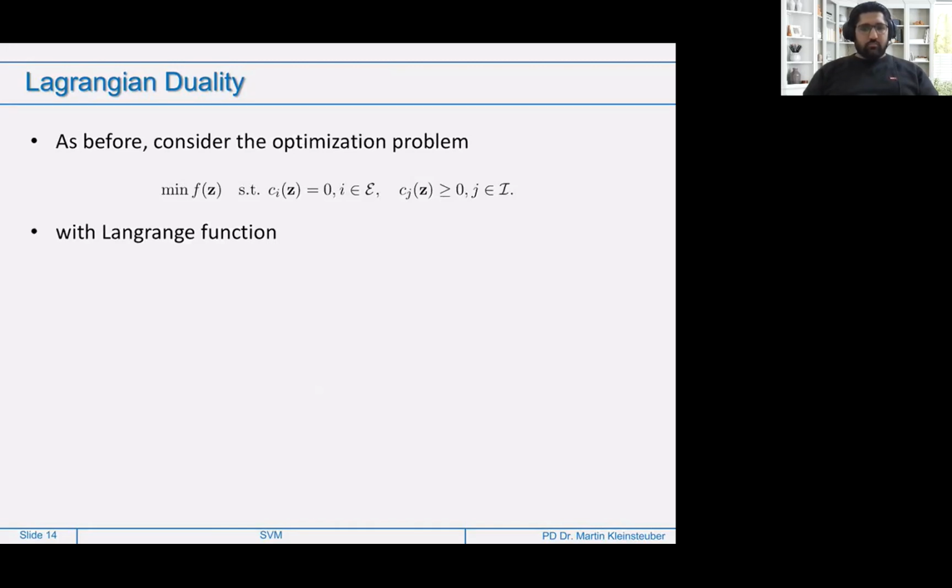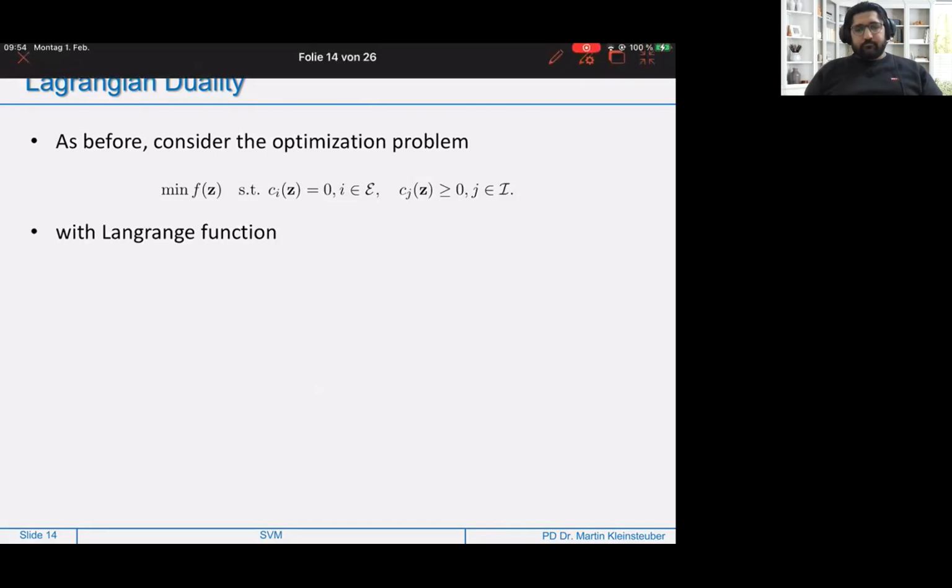Okay, so let's have this optimization problem. We want to minimize the function f of z subject to our constraints. We have the equality constraints and we have the inequality constraints. We have our Lagrange function as usual.